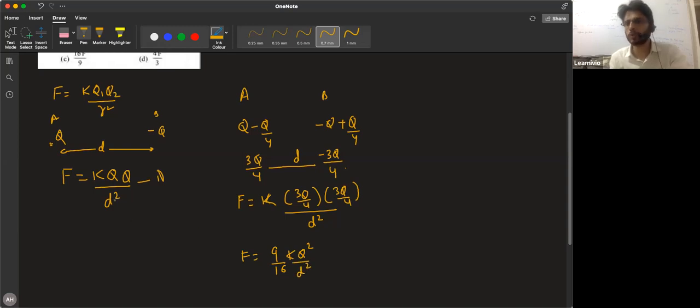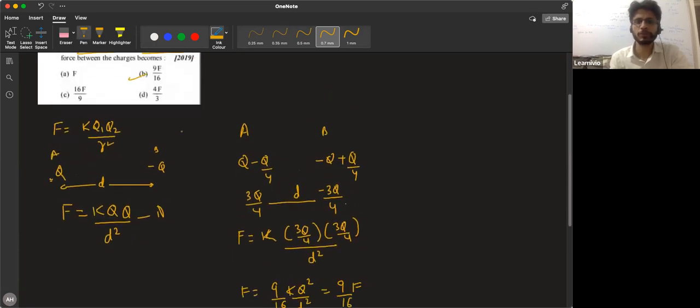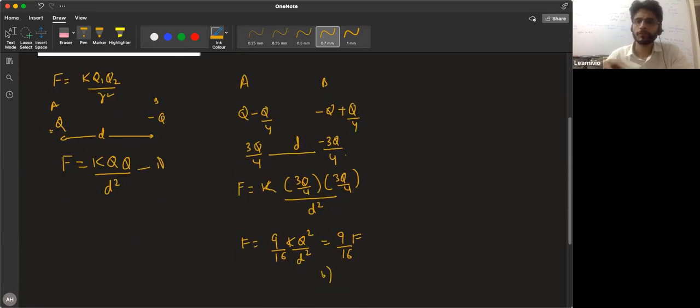And KQ square over d square is F. So this is 9 by 16 F, which is the option. Is it clear? Yes, sir.